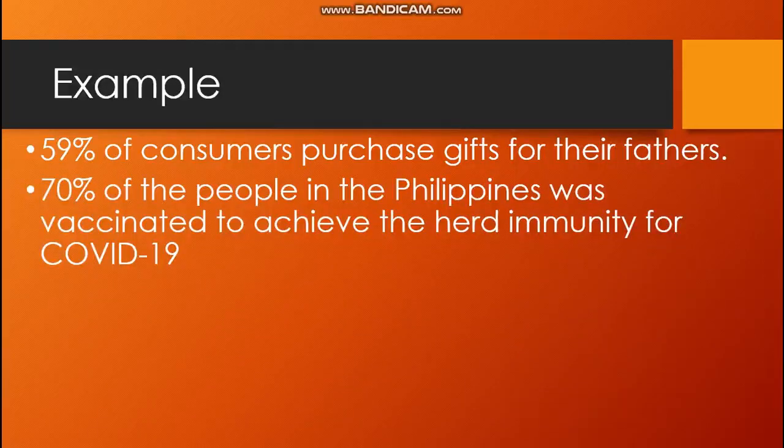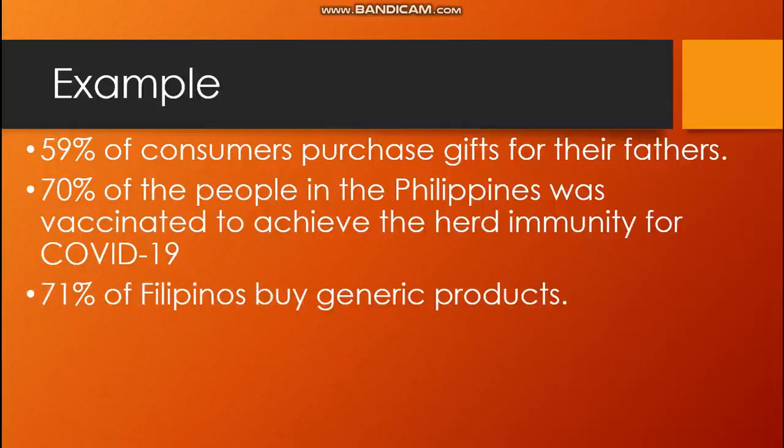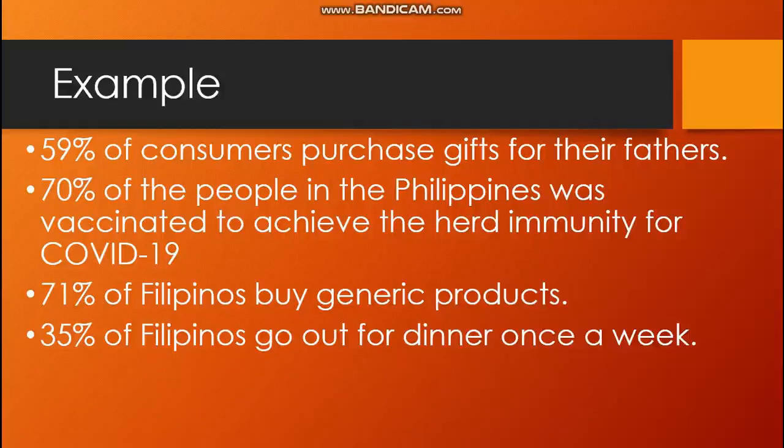Another example is 70% of the people in the Philippines was vaccinated to achieve the herd immunity for COVID-19. 71% of Filipinos buy generic products. And last example is 35% of Filipinos go out for dinner once a week. So mapapansin natin, yung mga percentage dito, ito yung tinatawag nating population proportion.